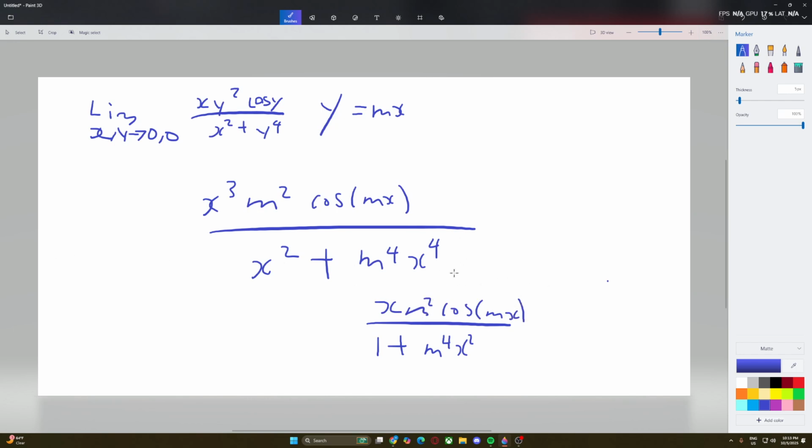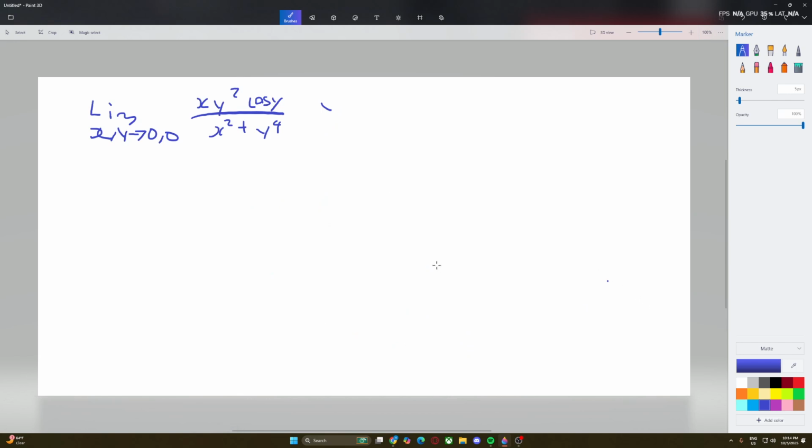If we took the limit of this, we'd probably get 0, because it'd be 0 over 1 plus 0, times cosine of 0 which is 1, so there's no 0 over 0. So that's just equal to 0. But that doesn't generalize anything. We need to prove two cases at once.